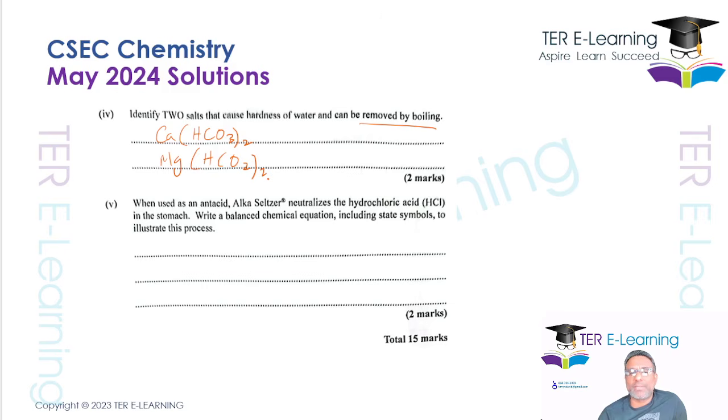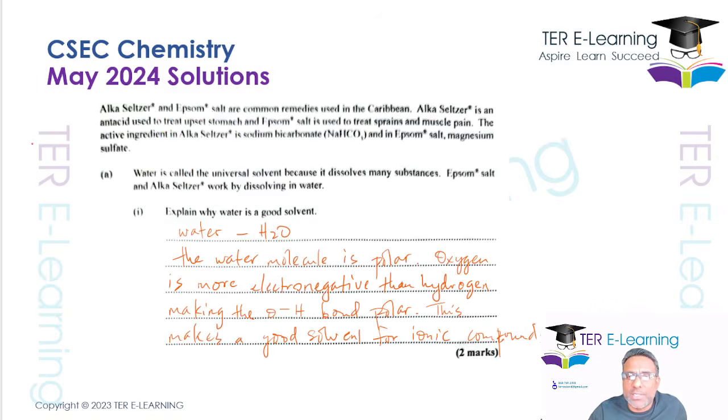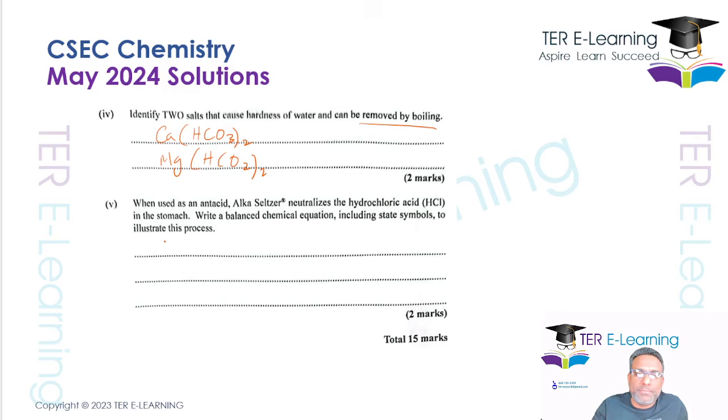The next part, when used as an antacid, Alka-Seltzer neutralizes HCl in the stomach. So in the question, I think they told us what was an Alka-Seltzer. That should have been sodium hydrogen carbonate, I believe it was. Yes, they told you we have sodium bicarbonate or sodium hydrogen carbonate. So therefore, we're going to take sodium hydrogen carbonate.